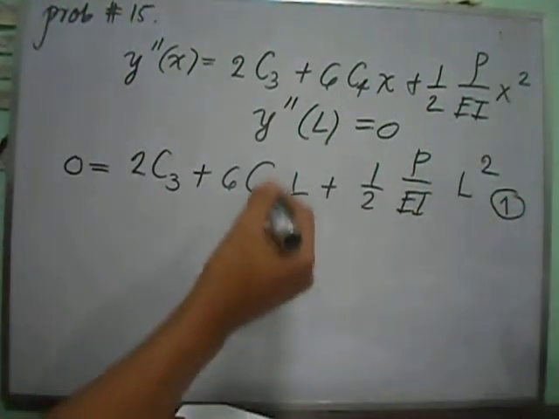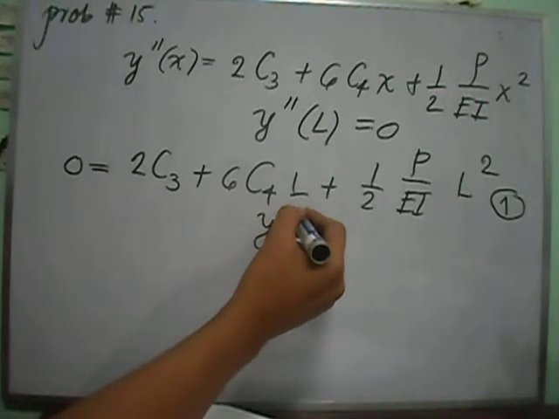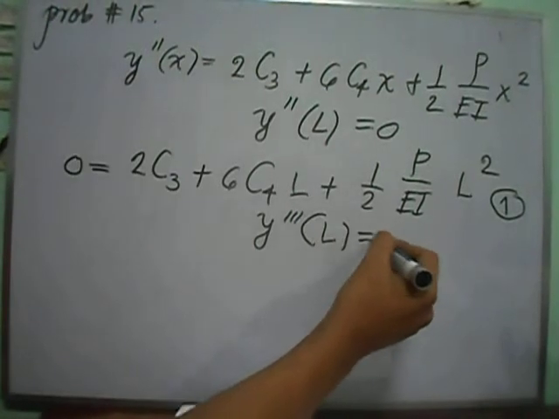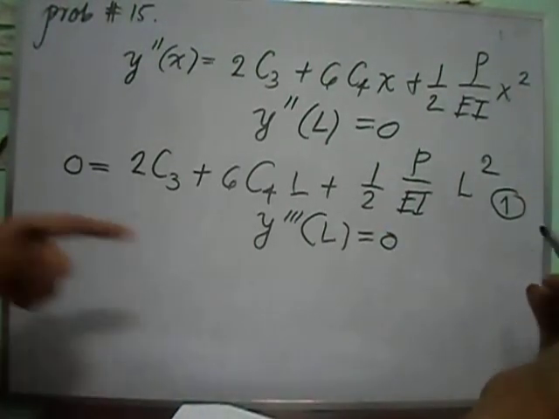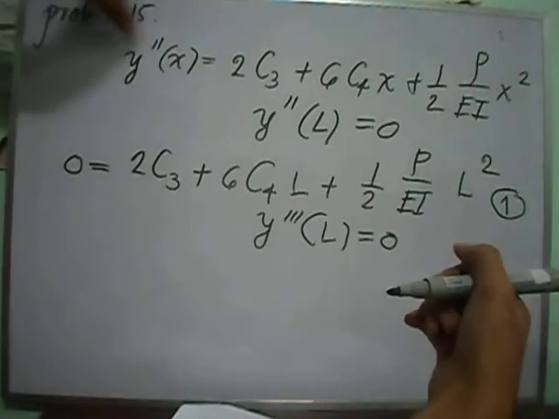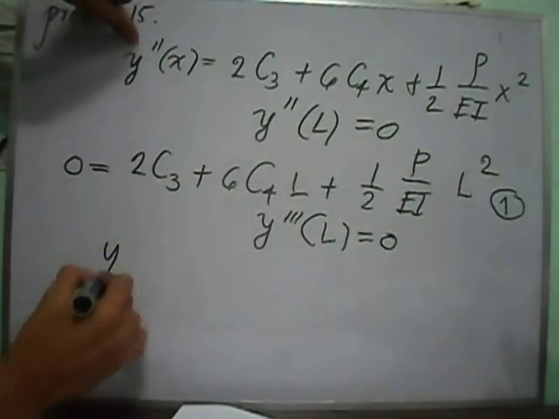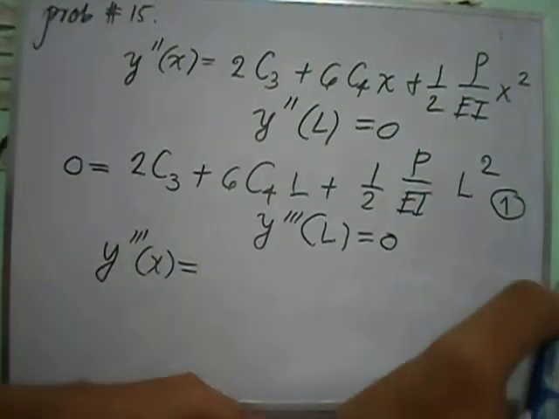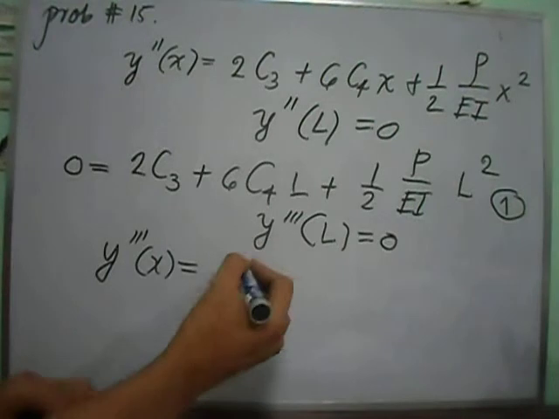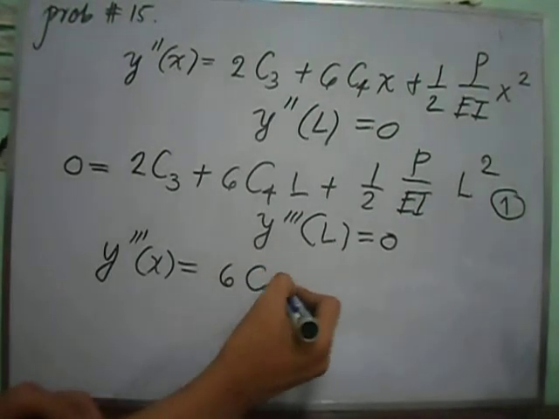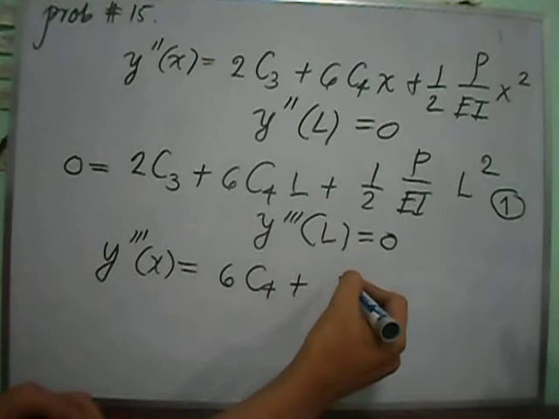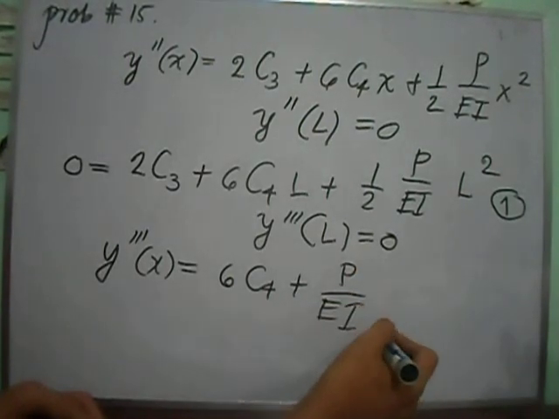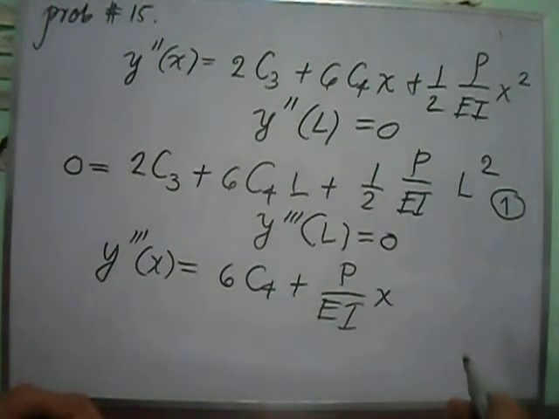And again, the third constraint goes like this: y triple prime of L is equal to 0. Now, solving for the third derivative, we get y triple prime of x is equal to 6c4 plus P over EI, moment of inertia, times x.